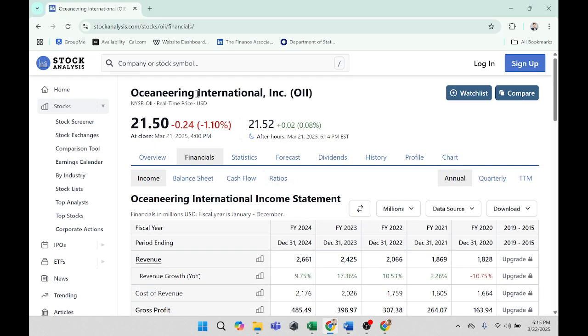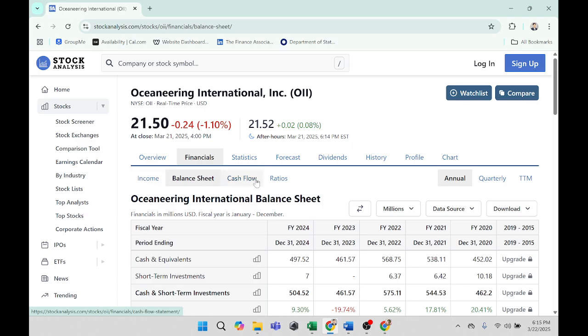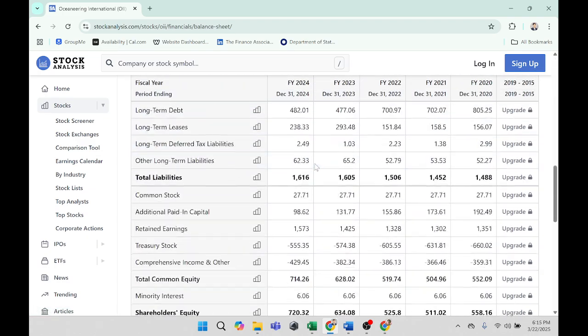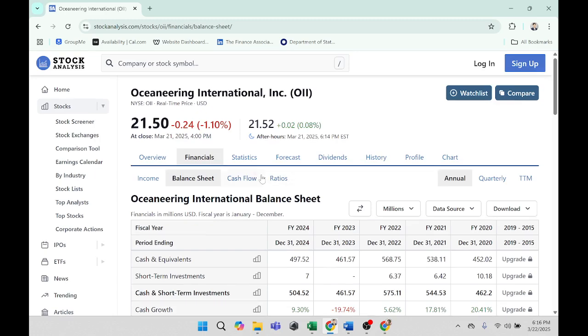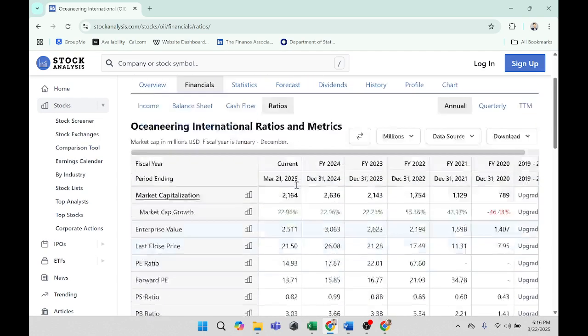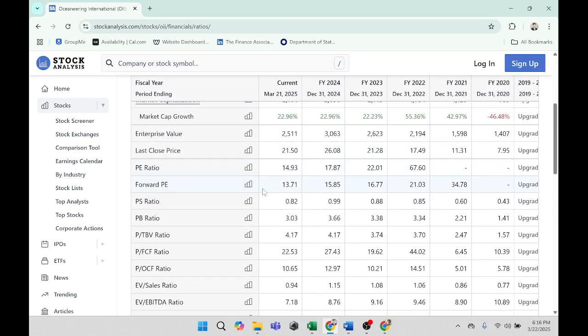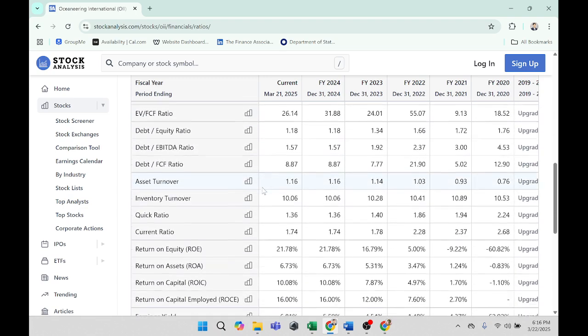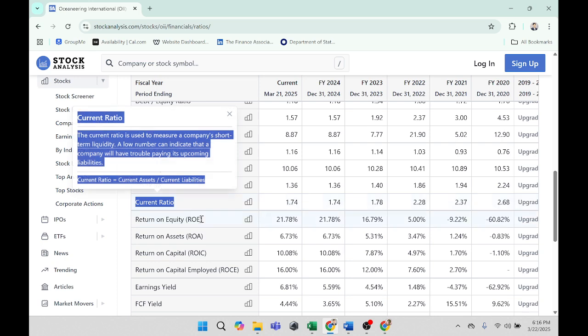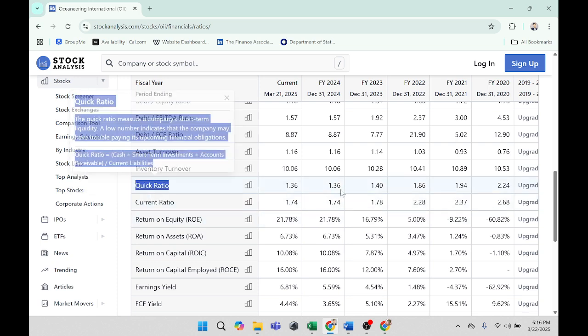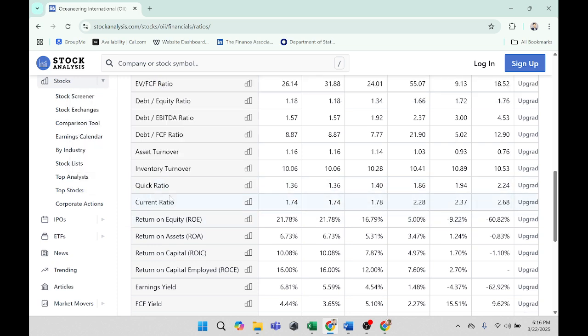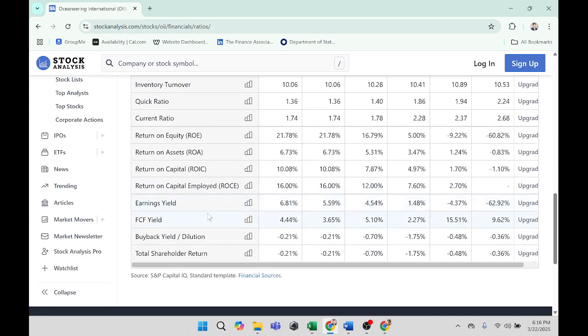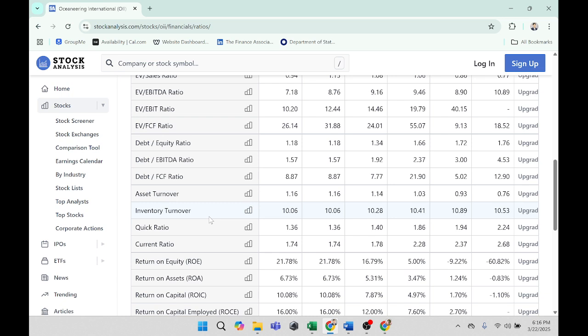All right, coming up next, reference back. You could also go to the balance sheet, and if you go to the ratios section of the website, you will see that you could also find the current ratio and the quick ratio. But just keep in mind that you should know how to find those by computing them.